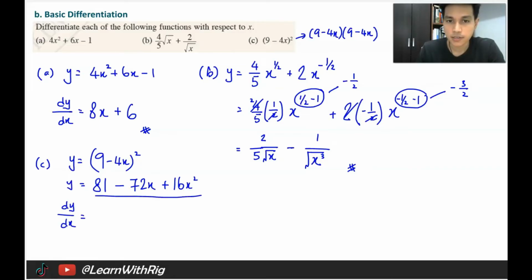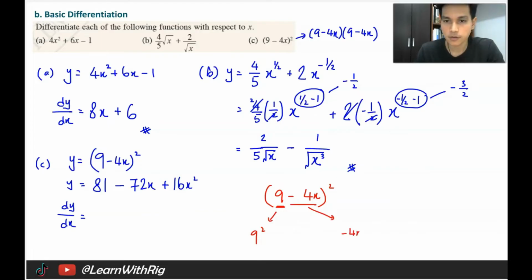If you don't know what I just did here, guys, then you do the normal way. I'll show you one time what actually happened, in case for those who don't know, as if I did magic. No, I didn't do any magic. So square, right? This one you're going to square, you get 9 square, and the back part you square, and then the middle part, you take this, multiply by this, multiply by this.